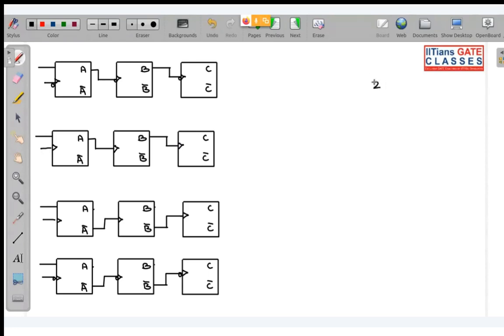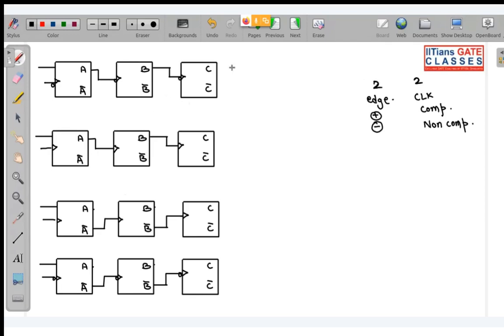See, there will be two combinations for edge. So edge can be either positive or negative, and there can be two possibilities of your clock pulse. Either it can be taken from your complemented variable or non-complemented. Okay. So that means in total we are going to have basically four combinations over here.